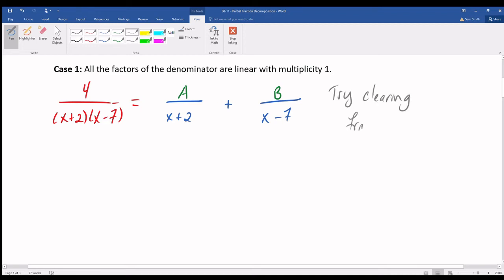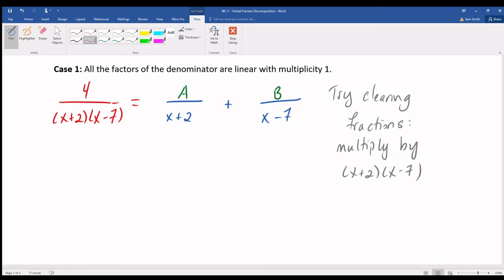I'll try multiplying both sides of this equation by the least common denominator, x plus 2, x minus 7. Now, if you multiply the leftmost fraction by x plus 2, x minus 7, the entire denominator will cancel out, leaving just 4.